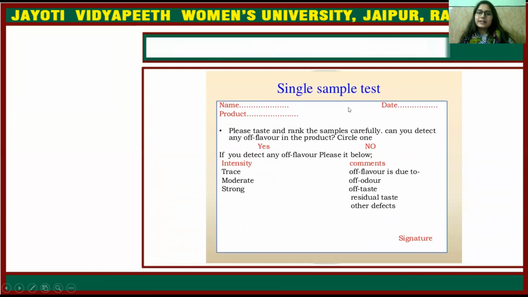This is the single sample test performer, in which you write your name, product name, and date. It gives instructions like: please taste and rank the samples carefully. Can you detect any off flavor in the product? Then circle 1. If you detect any off flavor, please list it below.